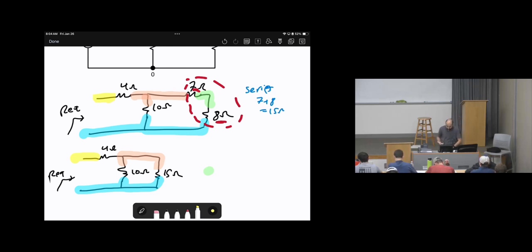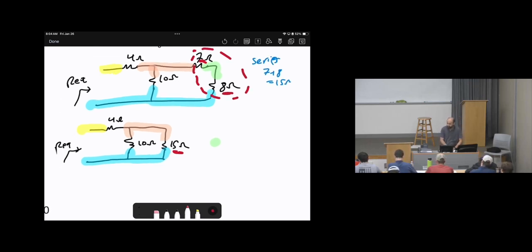Okay, now I'm going to observe the 15 ohms. 15 ohms and 10 ohms, what's the relationship? Parallel. Why? Same two nodes, right? So 15 between orange and blue, 10 between orange and blue, right? Then these two are in parallel.